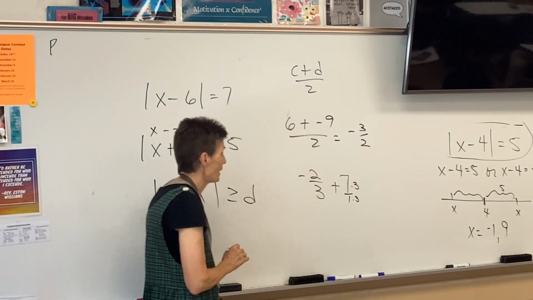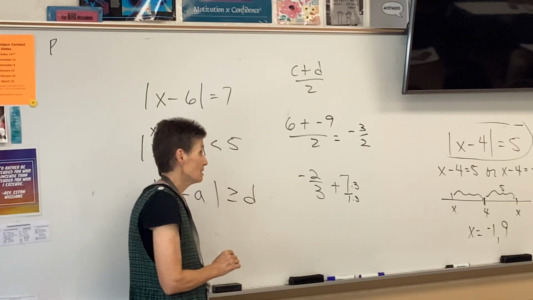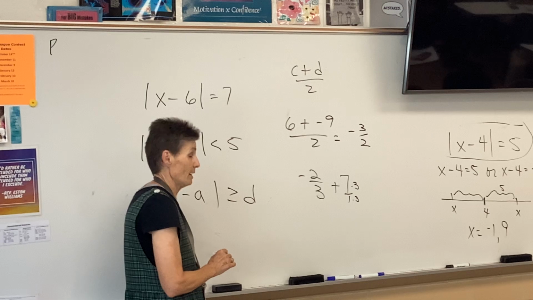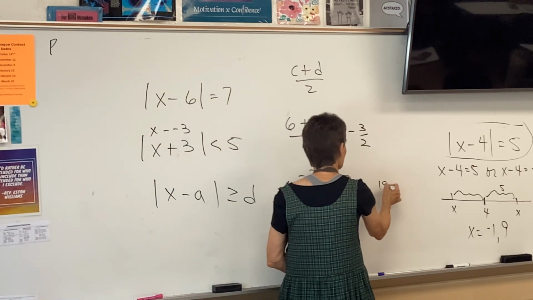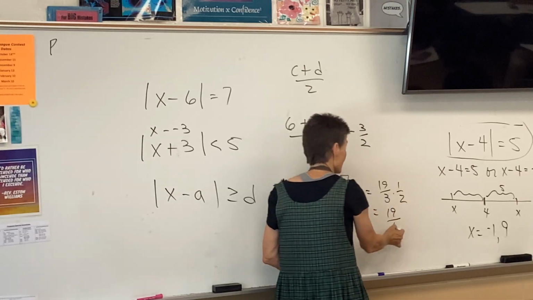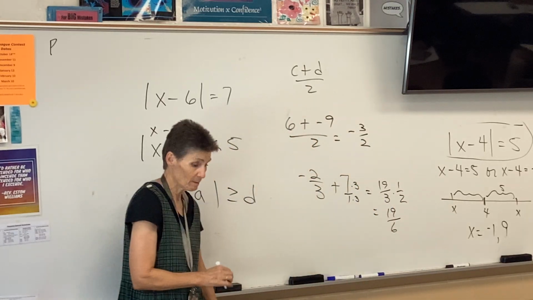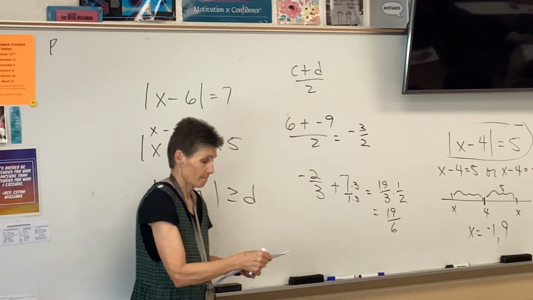Negative 2 and 21 would be 19/3. But then you have to divide that by 2. So did you get 19 over 6 as your midpoint?